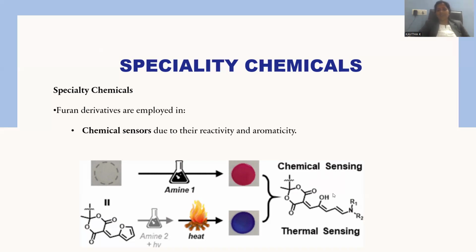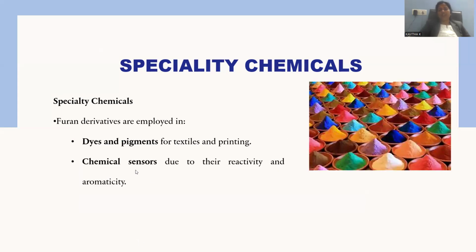Sensing tendency is nothing but being able to capture and diagnose whatever chemical substances are present, and whatever thermal substances are present. Chemical sensors and thermal sensors can be manufactured starting from this furan material. This is the kind of material chemistry application. All together, these two come under the material chemistry applications pertaining to this furan moiety.